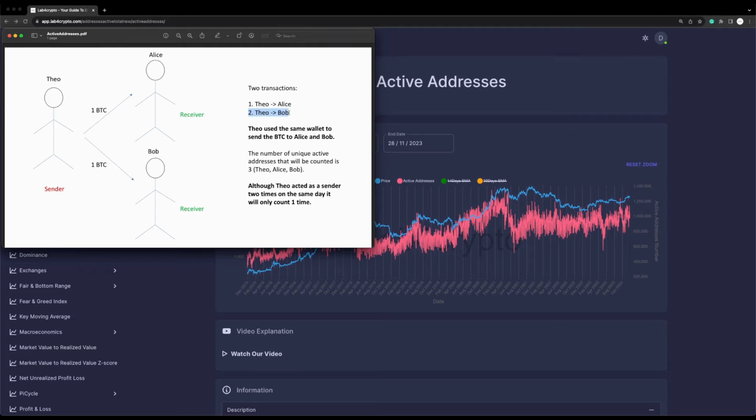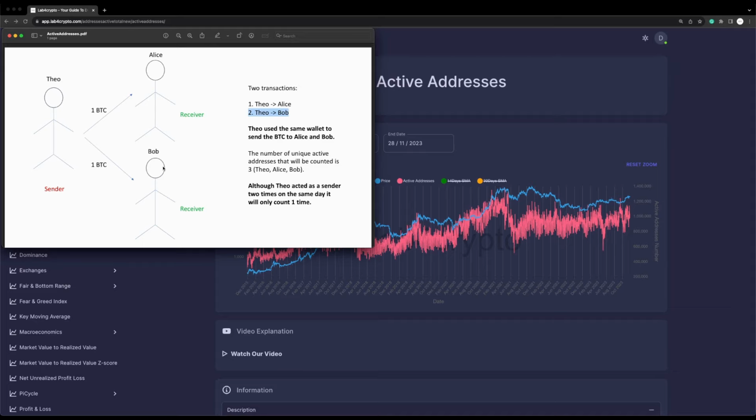However, when the second transaction is completed successfully and Bob was able to receive Theo's 1 Bitcoin, the number of unique addresses that is going to be added into the Bitcoin blockchain is only 1, because we are only going to count Bob as a unique active address. And as you might already have suspected, the reason behind this discrimination is that we do not want to double count Theo as a unique active address. That's why it has the term unique in front of the active addresses.